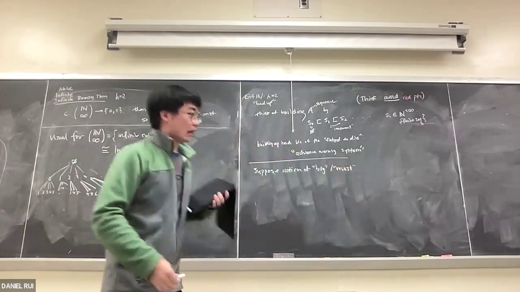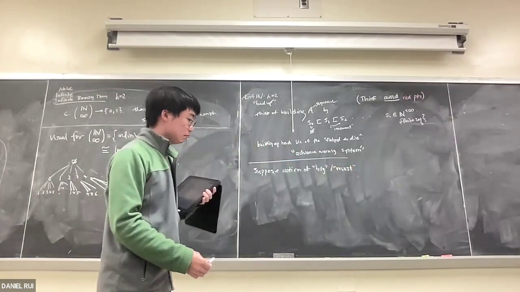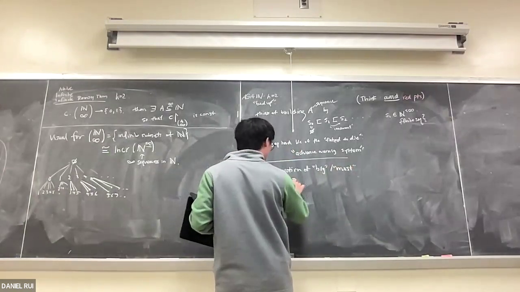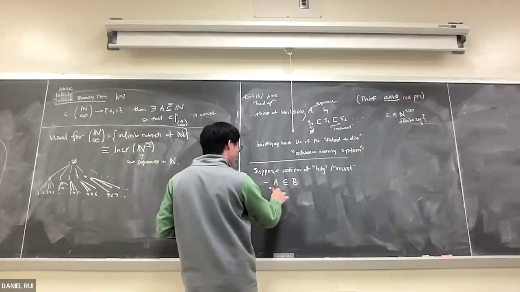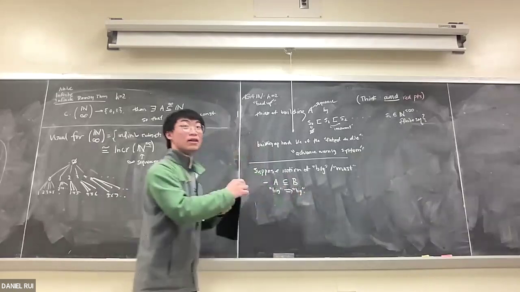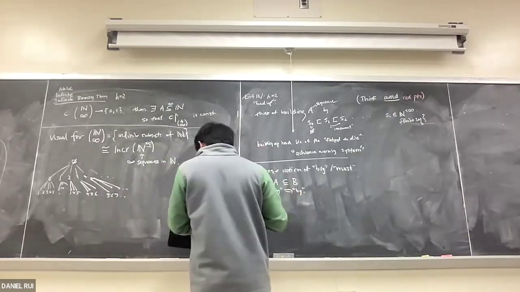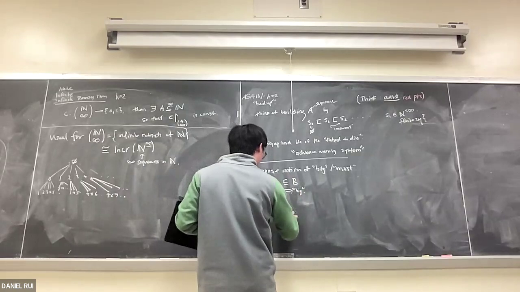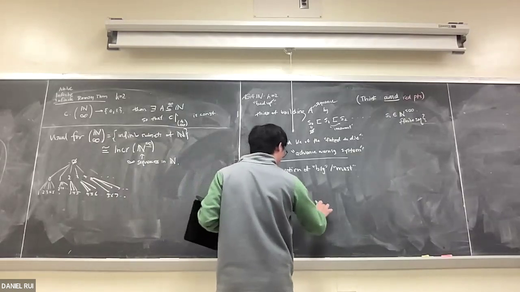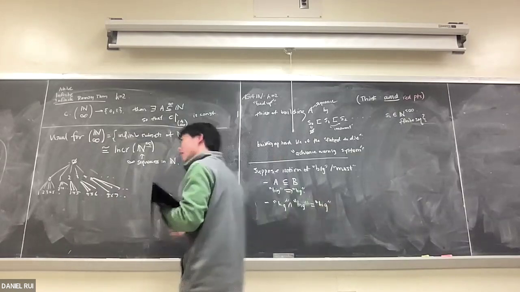In particular, if I have A subset of B, and A is big, then B is also big. That's a no-brainer, right? Now here's the kicker. If I have a big set and I intersect with a big set, that will also be big.